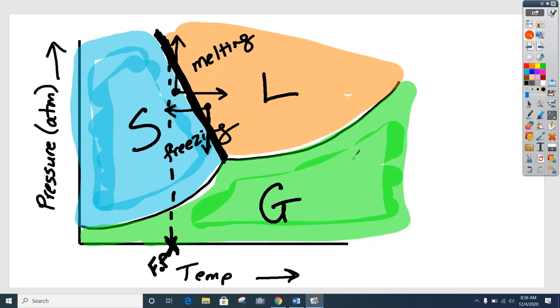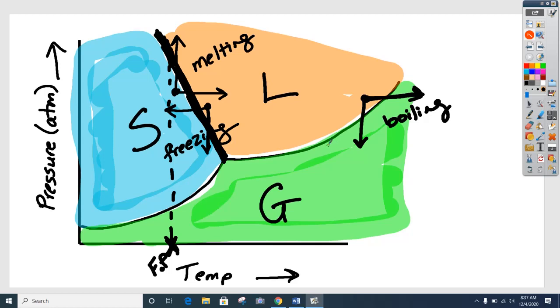All right, let's talk about changing from a liquid to a gas. So we can change from a liquid to a gas by keeping the pressure constant and increasing the temperature, or by keeping the temperature constant and decreasing the pressure. Anytime you do that, change in either direction, that represents boiling.